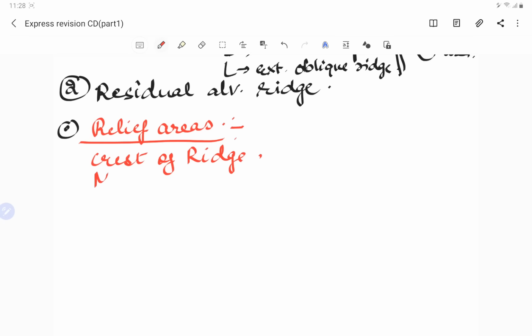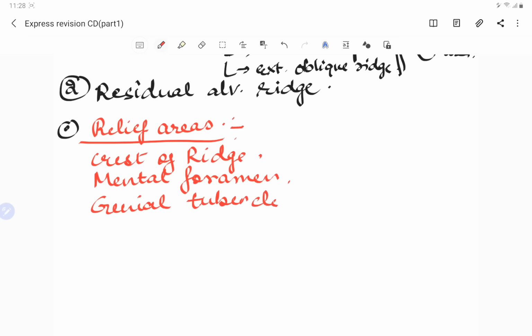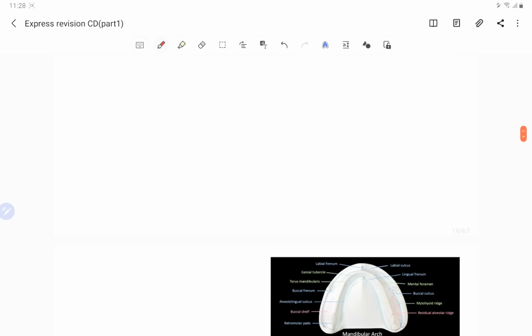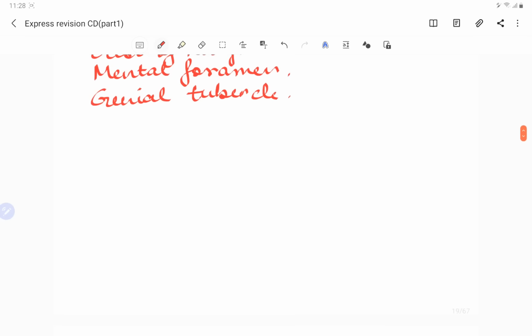Mental foramen, genial tubercle, and tori, torus mandibularis. Now we have covered that.